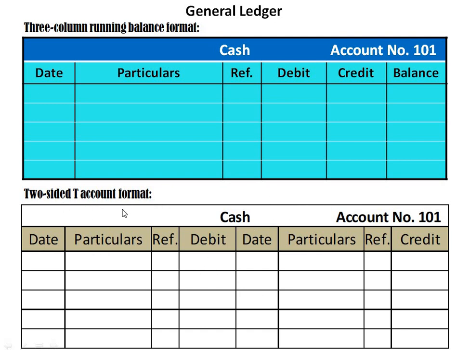It is called T-account format because it is formed from the letter T. Notice, this horizontal line and the vertical line in the middle form the letter T, with one side on the left known as the debit side and another on the right known as the credit side.